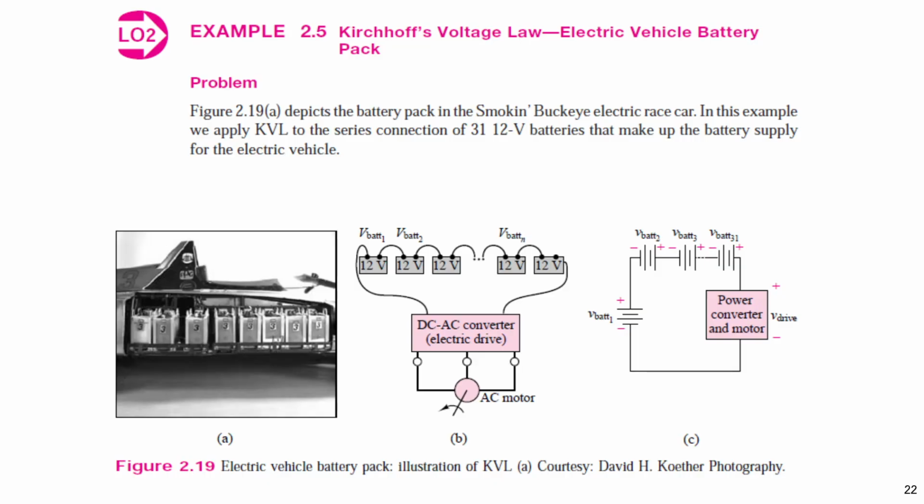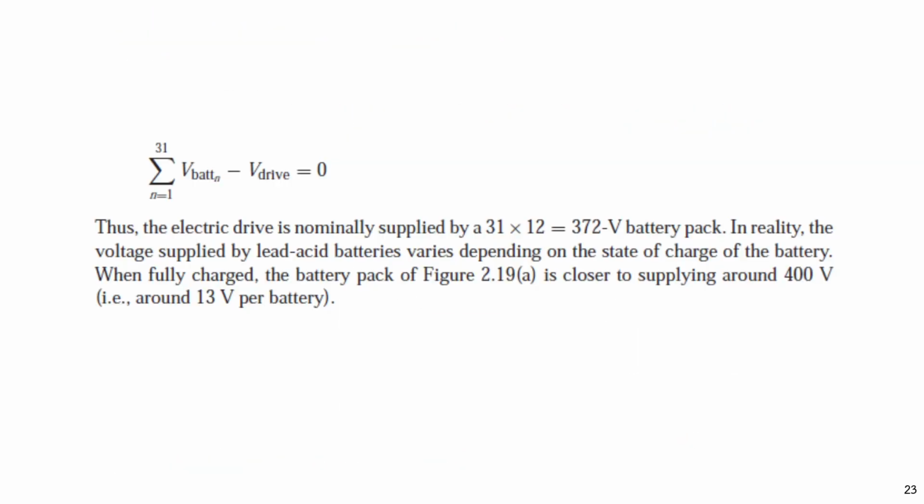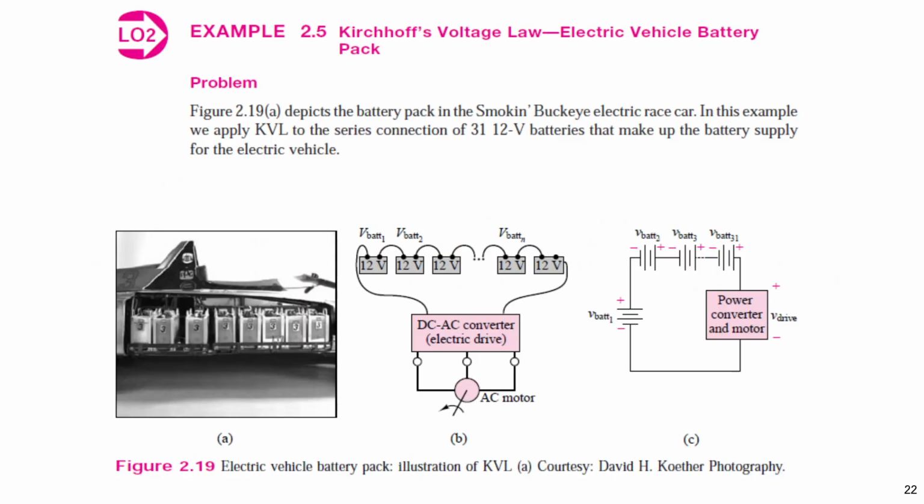If you have 12 batteries together, for 13 packs of batteries, the total would be 13 packs multiplied by 12, which is 372 battery cells in this case. This is the battery in an electric car. So we can scale up the voltage of the battery by series connection, right?